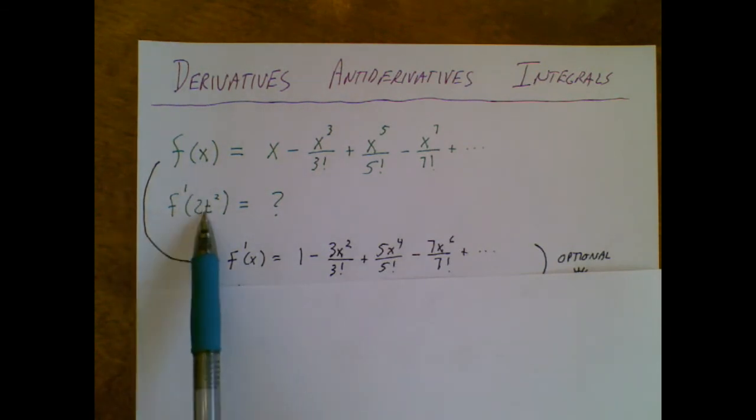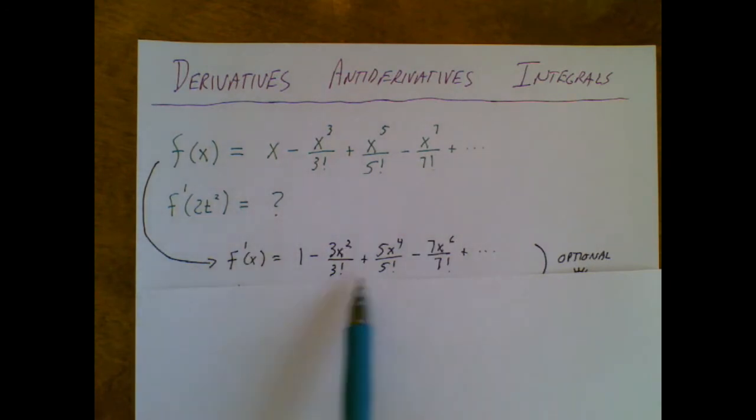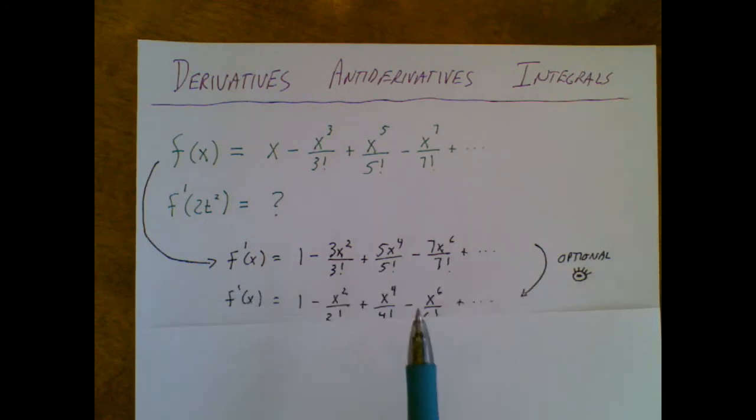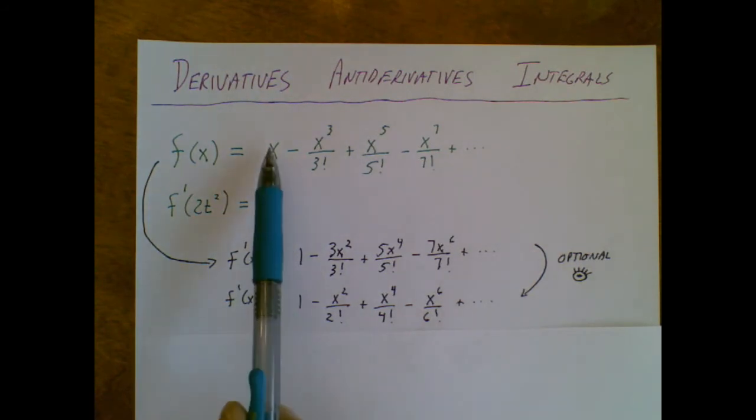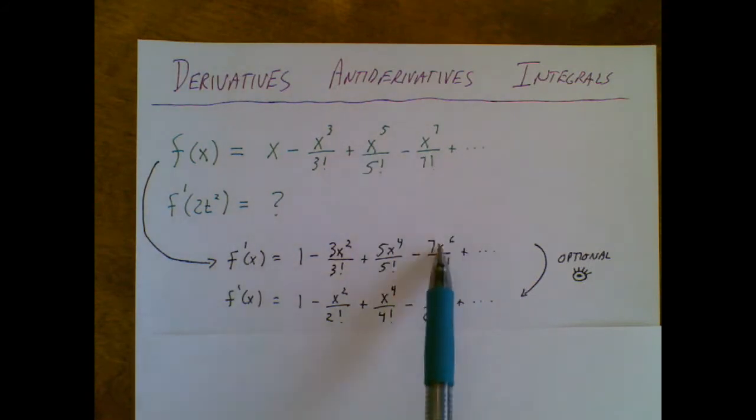If I'm going to plug a 2t squared into my derivative, then here's my original function, and I'm just going to write out its derivative. Now, some of you might see a clever way to do an optional eyeball adjustment to that, and it would look like that. But basically what I've done is I've gone term by term and taken the derivative of each one of these terms. It's power rule with a little bit of spiciness due to the factorial.